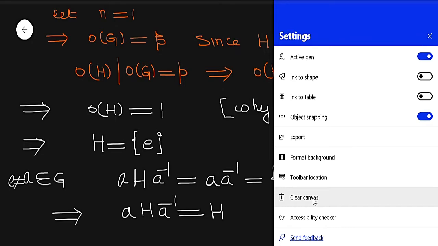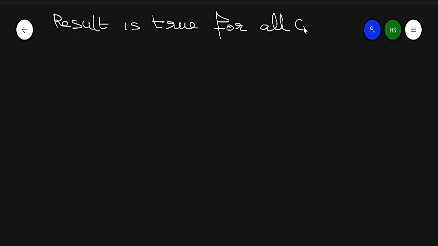Now, assume that the result is true for all groups of order less than the order of G, because we are doing this with the help of induction.